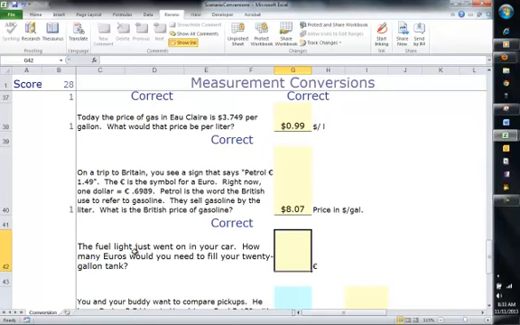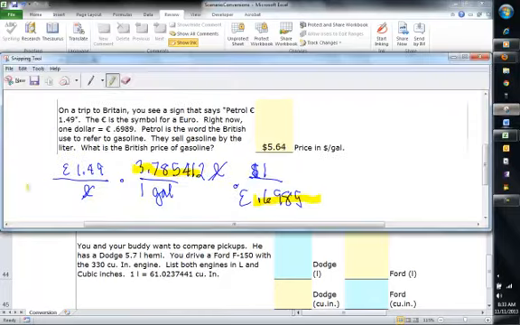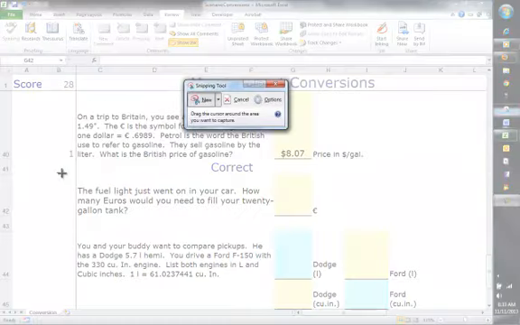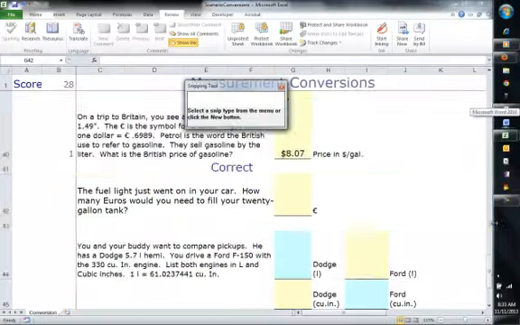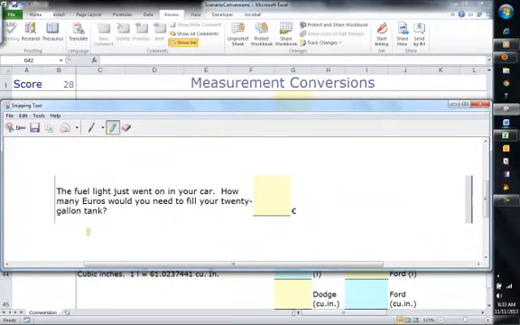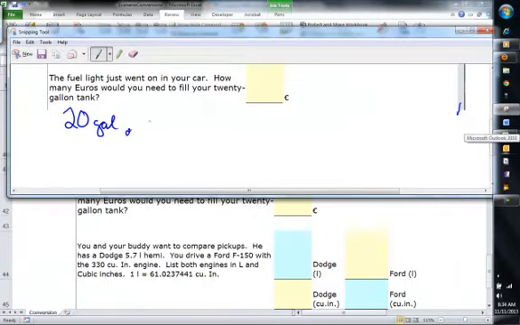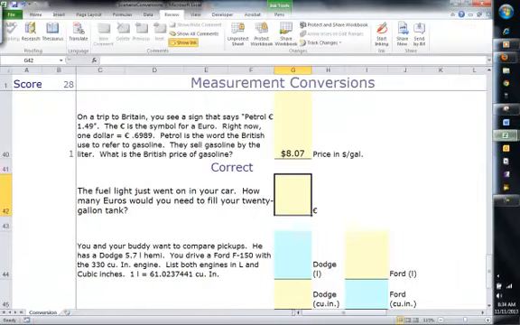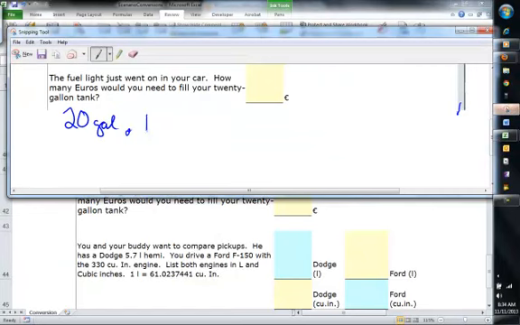The fuel light just went on your car. How many euros would it take to fill your 20-gallon tank? Okay, so we've got some converting to do here. 20 gallons times 1.49 euros.